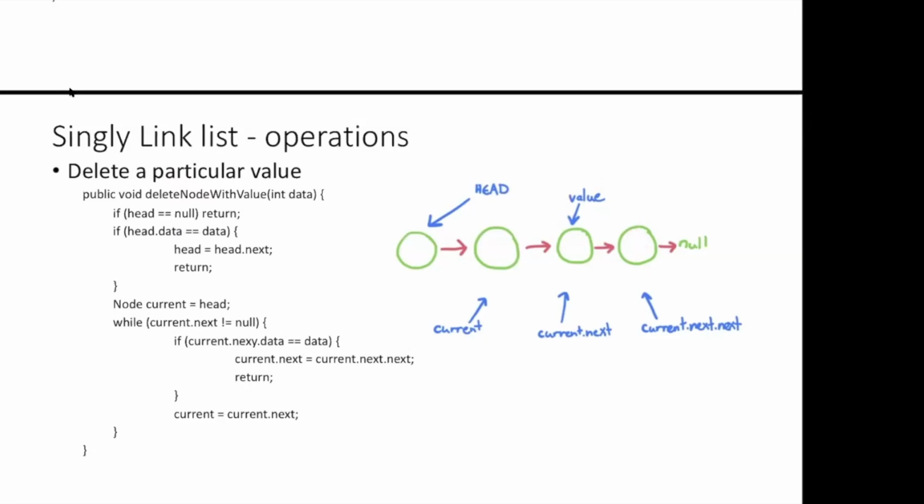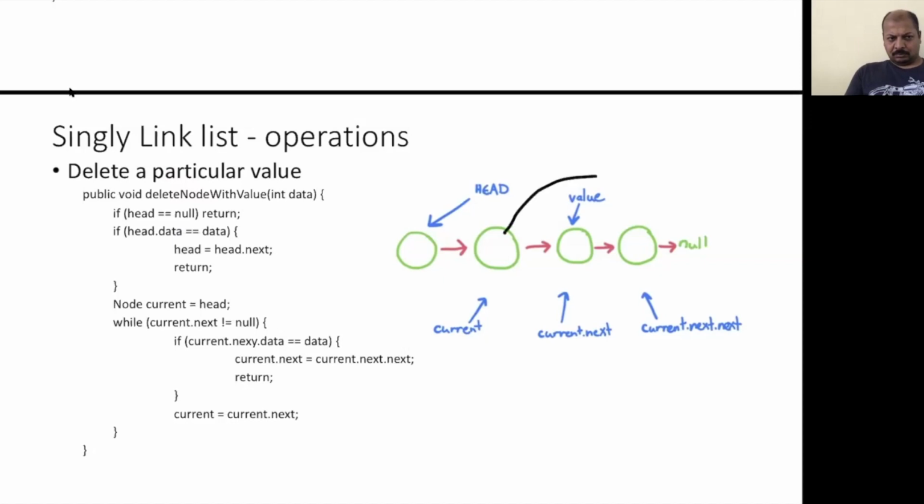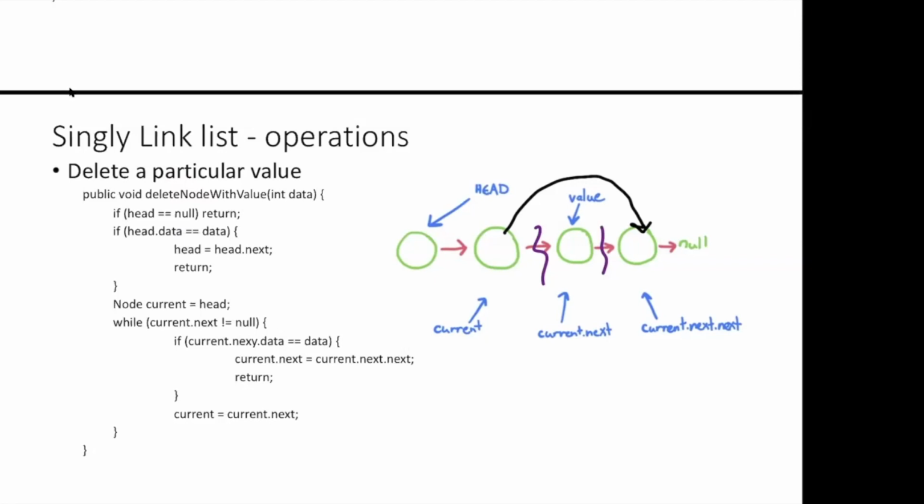Essentially I'm pointing to this element, so the links to the deleted element get dropped the minute I identify this value. Once I've done that, that's all I need for deleting the data.